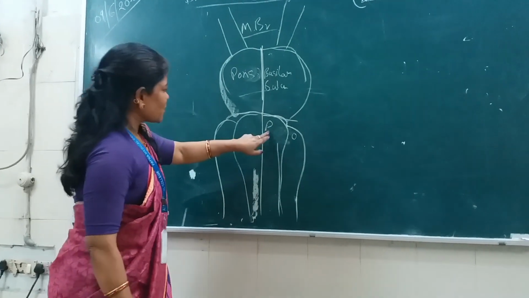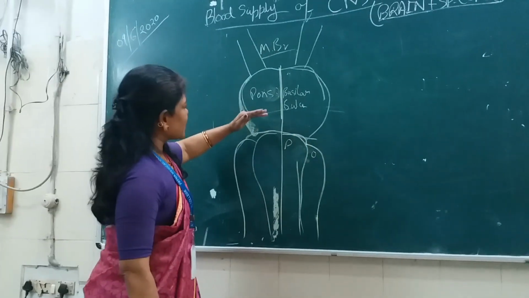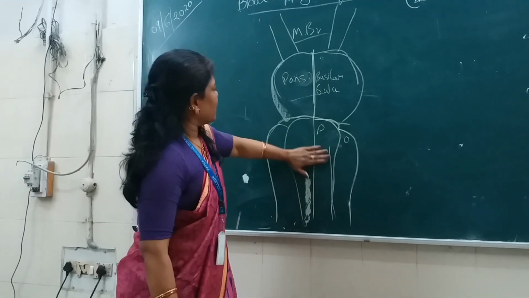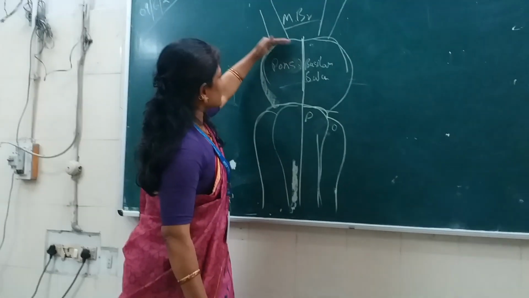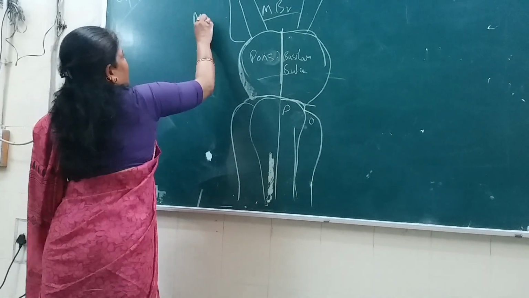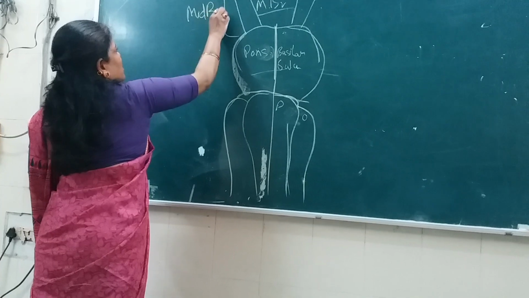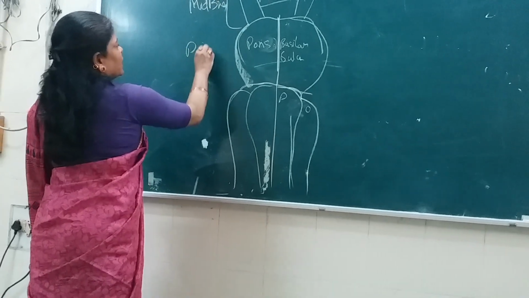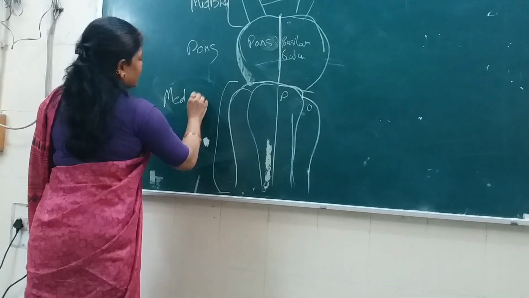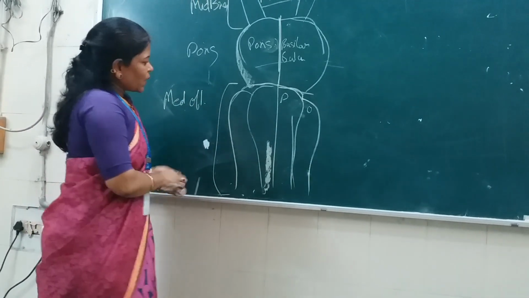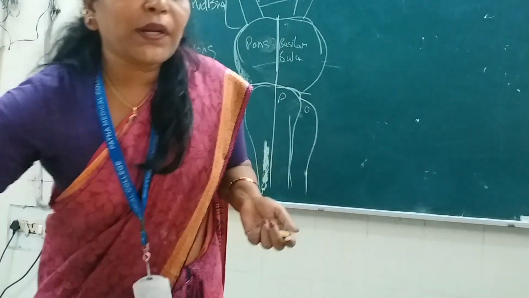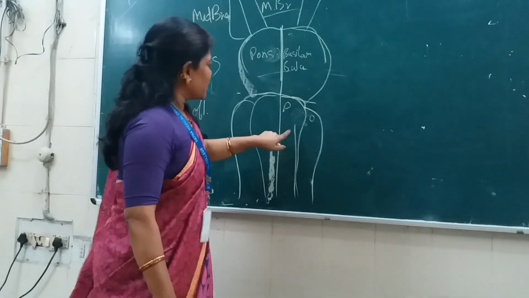This is part of the medulla oblongata. From here to here this is the pons and above that this is the midbrain. That is, this is the midbrain, this is the pons here and here it is the medulla oblongata. Now I was asking what is the course of the vertebral artery in relation with this medulla.